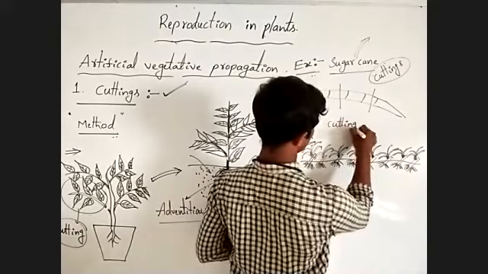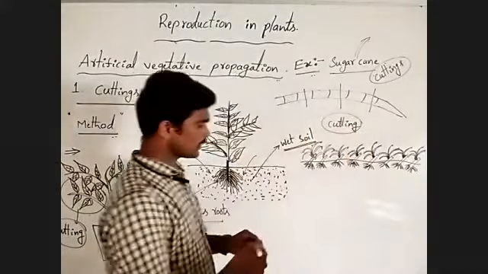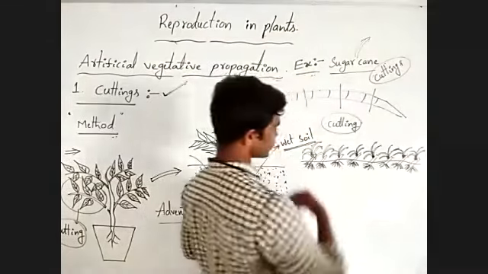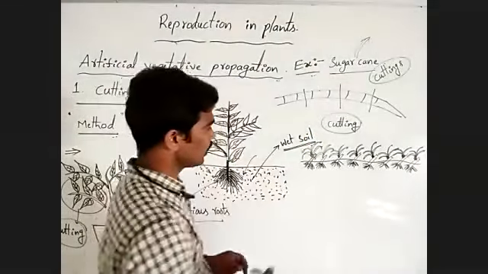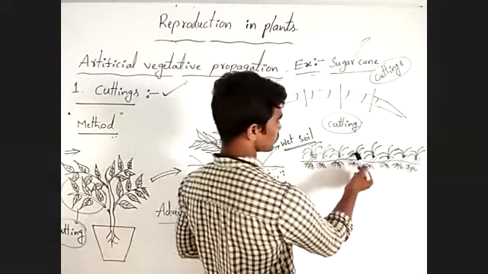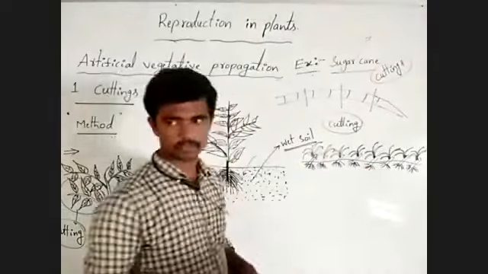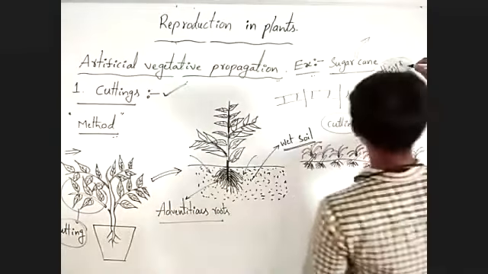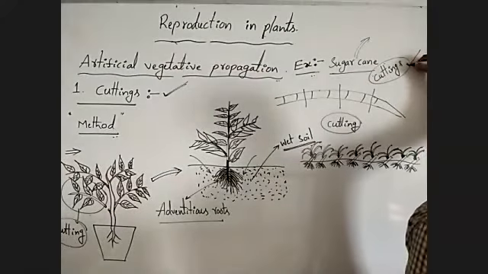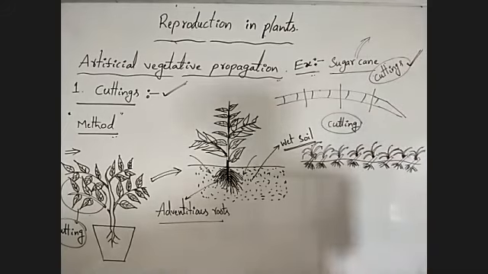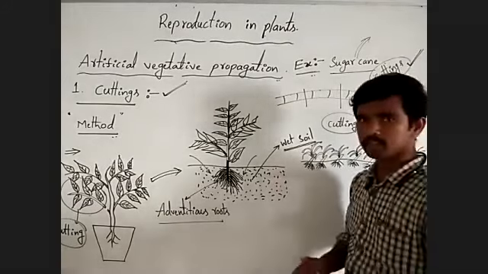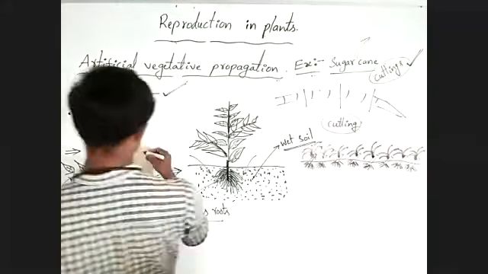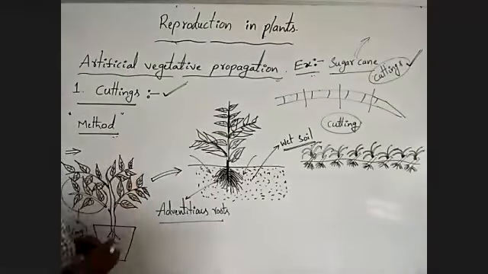Now, from the cutting or small pieces of the stem, leaves have developed. Observe. Like this, cutting is very useful for the cultivation of the sugarcane and other different types of crops. Next, Hibiscus rosa-sinensis, China rose.